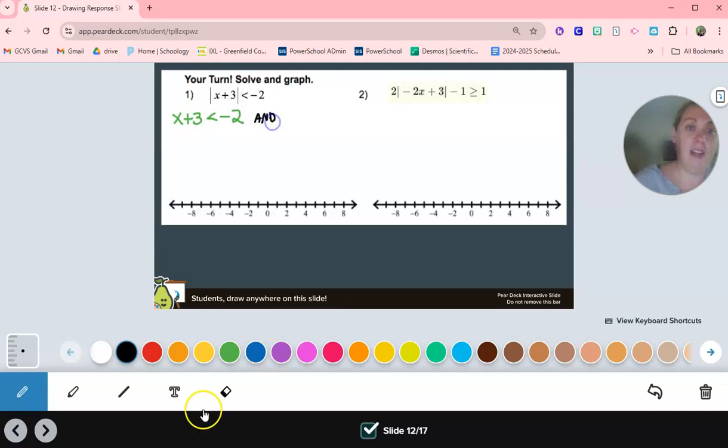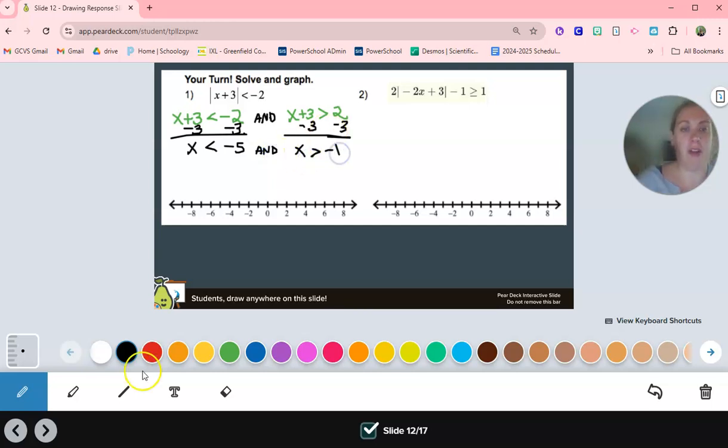And x plus 3, switch, is greater than a +2. So we switched it to greater than, and we switched it to a +2. To solve this, we're just subtracting 3. So we can get x alone, and we have x is less than -5, and x is greater than -1.